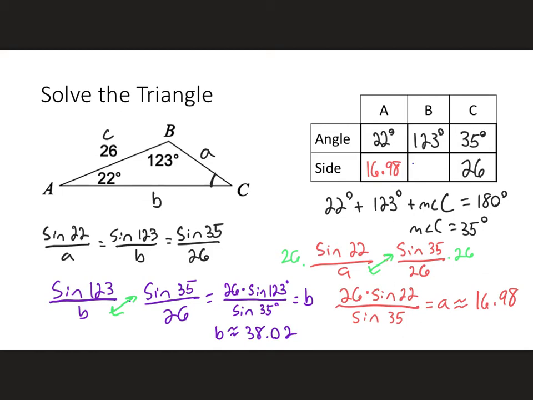And I could put that in my table. And I have now solved the triangle. I know what every angle measures, and I know what every side length is. Consider this triangle solved.